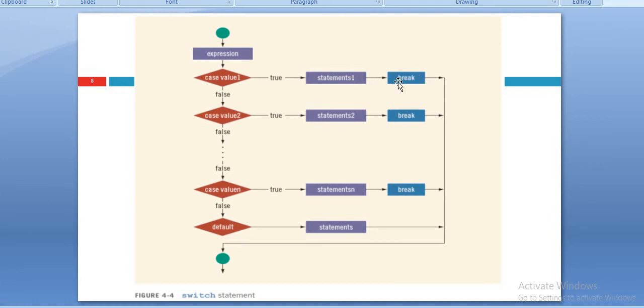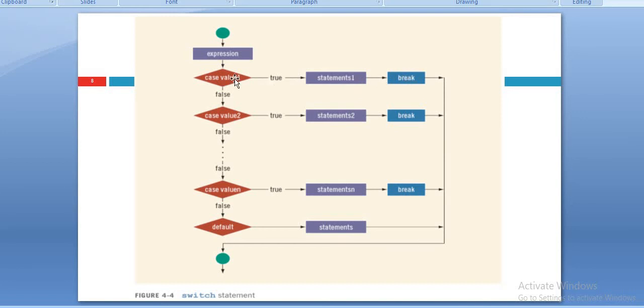And break in fact specifies that now there is no need to execute the rest of the statements or conditions or case statements, because the value matches over here, so one of the options will be true.